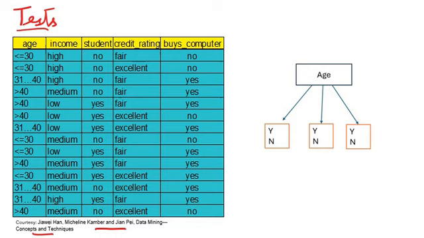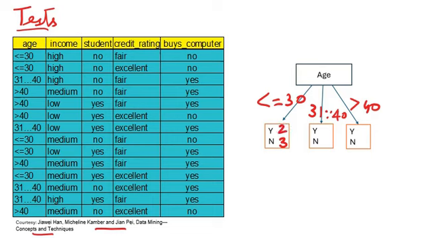So when we look at this attribute age, it has three categories: less than or equal to 30, 31 to 40, and greater than 40. Now when we see the less than or equal to 30 set, we count the number of no's. So we have 3 no's, and the number of yeses is 2.